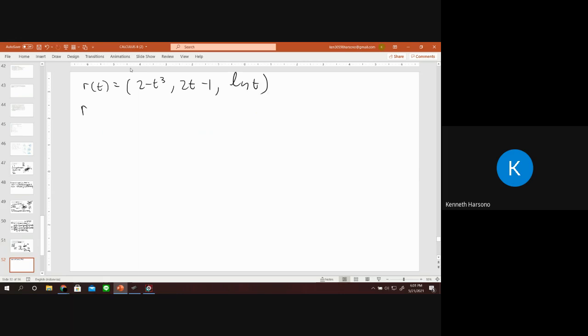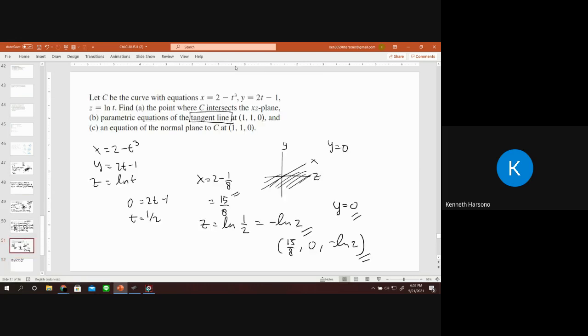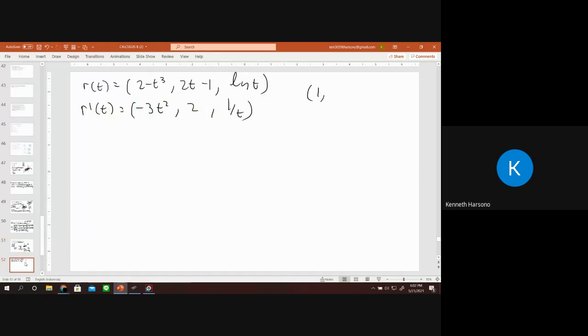We can differentiate it as usual, so minus 3t squared, 2, 1 over t. What's the question again? The tangent line at this point. So the point is 1, 1, 0.